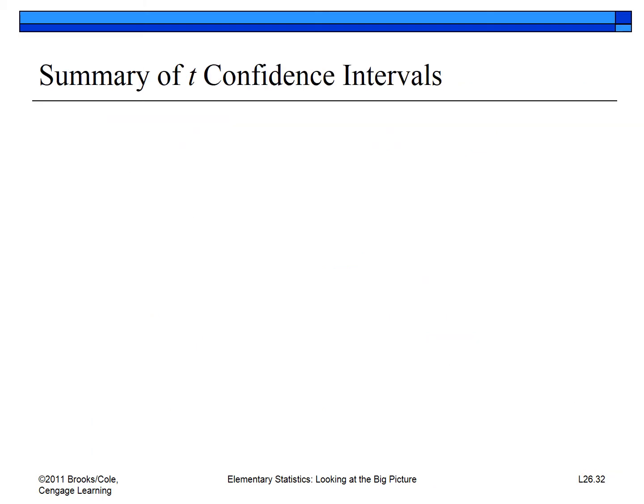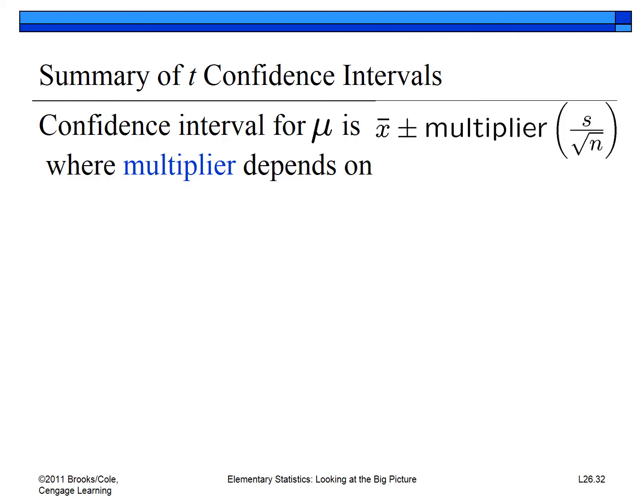So to sum up confidence intervals using the t distribution, we compute the confidence interval for the population mean by taking the sample mean and adding and subtracting our multiplier times the standard error. That's the standard deviation in the sample divided by the square root of the sample size. The multiplier depends on two things.